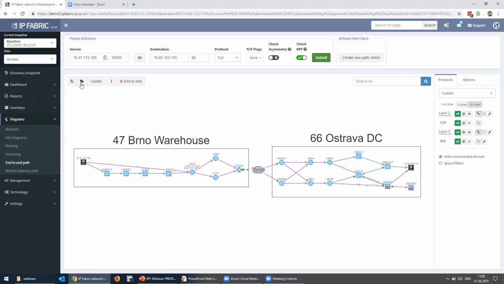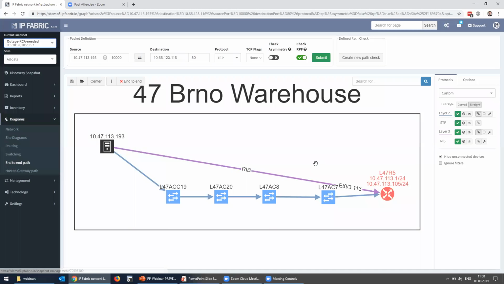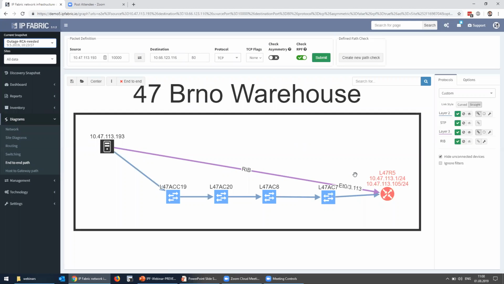So during the baseline, users, as depicted by the icon on the left here, were able to reach the servers throughout our infrastructure during the baseline snapshot. But during the outage, if we rerun those network simulations and switch to the snapshot taken during the outage, we can see that the path was not available from the user to the destination servers.